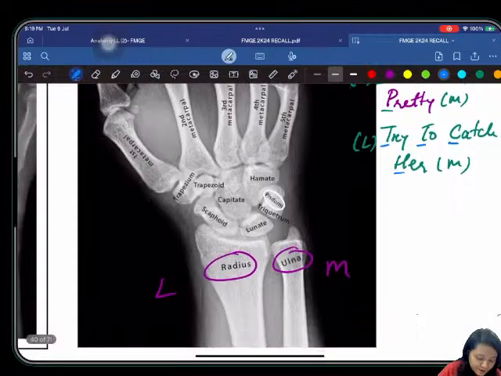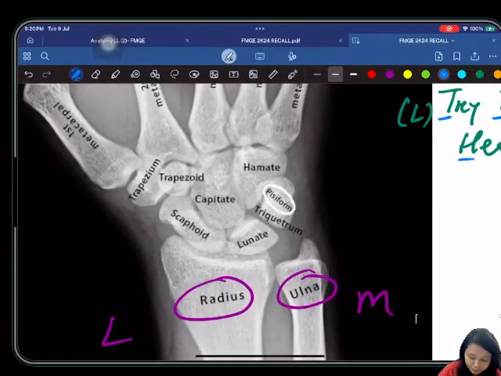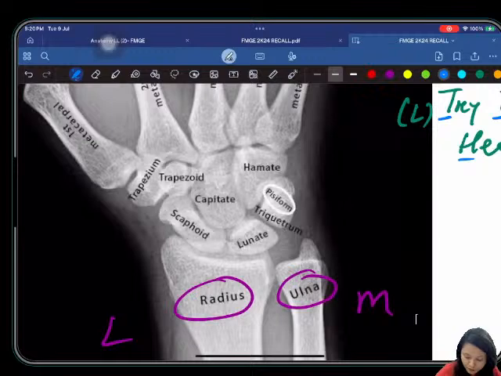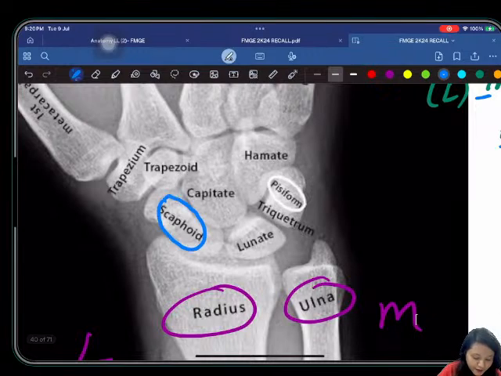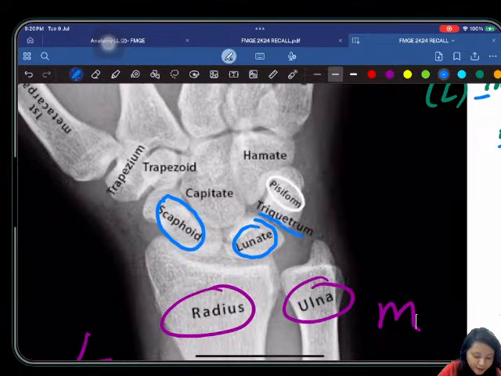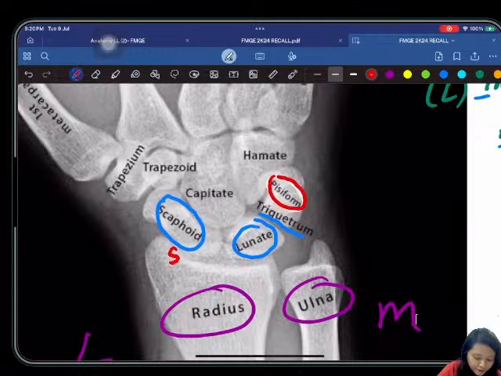Now, similarly, you can see in the proximal row that you have the scaphoid bone. Okay, she looks. Then you have the triquetral. Okay, and then you have the pisiform bone. Okay, so she looks too pretty. Okay, this is in the proximal row, and this is from lateral to medial.